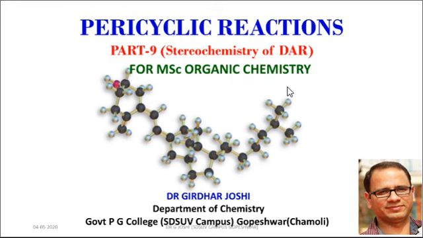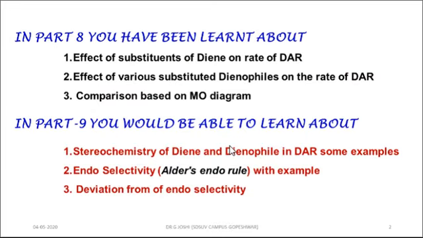So we are here with pericyclic reaction part 9. It deals with the stereochemistry of Diels-Alder reaction. So far in the previous section, we have discussed the effect of substituents of diene on the rate of Diels-Alder reaction.